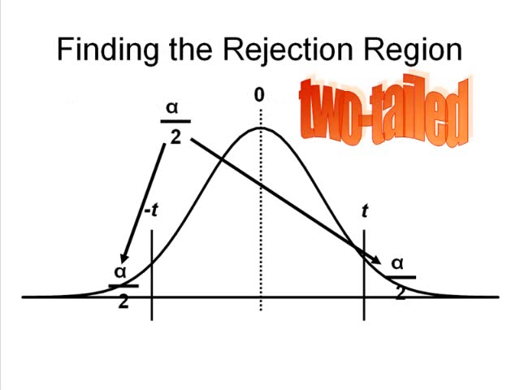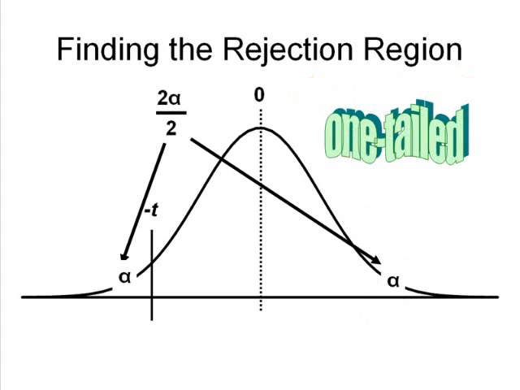Now one other thing that I need to explain to you before we can have Excel calculate this for us is Excel assumes that we're using a two-tailed test. So it's going to take our alpha and divide it by 2 and put half in each tail. So if we want to put our entire alpha in one tail, what we really have to do is kind of trick Excel. What we need to do is double what we tell Excel our alpha is, so when it cuts it in half, it'll put the entire alpha in each of the 2 tails, and then we'll just look at one of those tails.